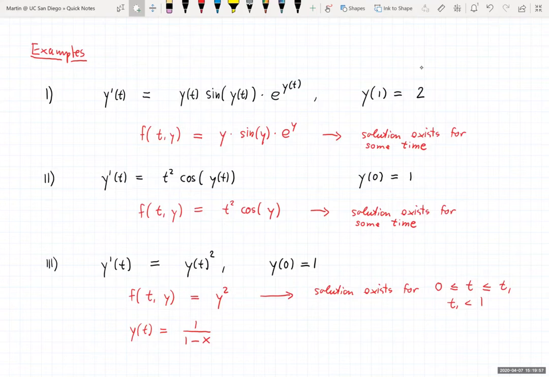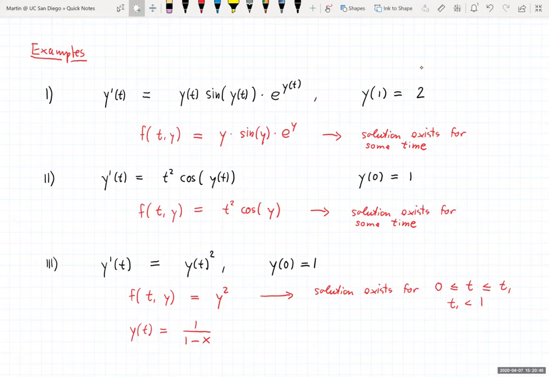Example number 2. Let's take a look at the differential equation y prime of t equal to t squared times cosine of y of t, with initial condition y at 0 is equal to 1. The right-hand side here can be conceived as a function in t and y, and that function is f of t and y equal to t squared times cosine of y.